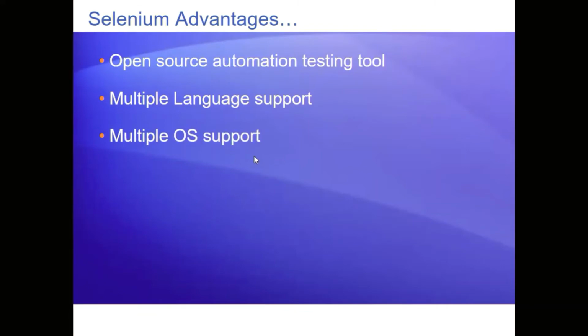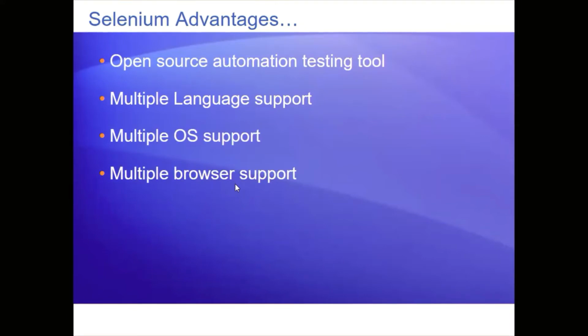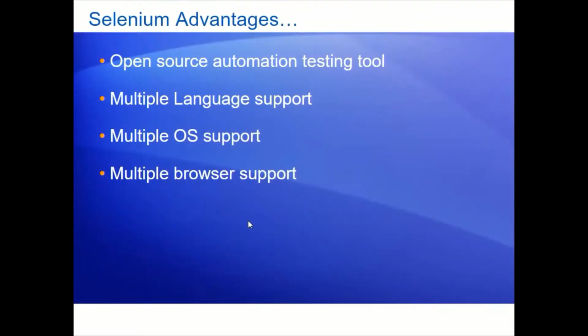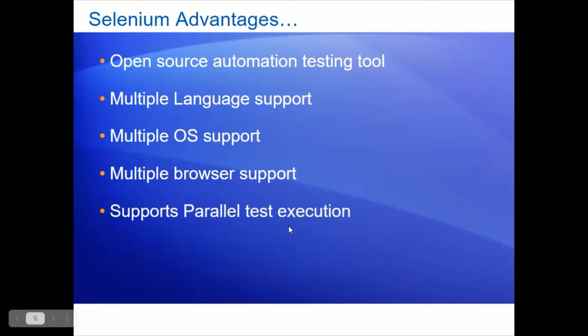So these are all the platforms it supports. And for browser support, it supports multiple browsers like Chrome, Firefox, Safari, Opera, and Internet Explorer. It supports all the browsers available in the market. It also supports parallel test execution, as I said in the previous slide.